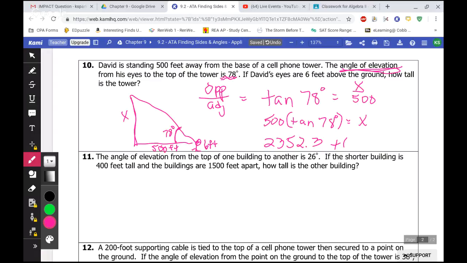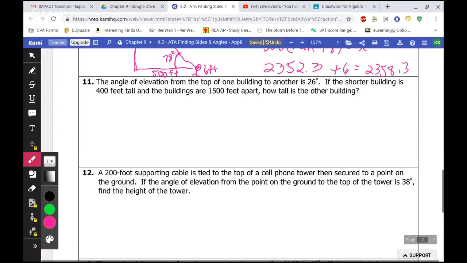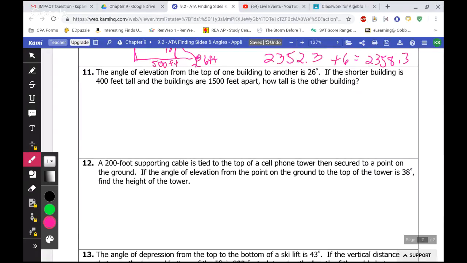So you add 6, and then you get 2,358.3. So there's where the 6 feet comes in. Okay, that makes sense. We got it. I guess I just left it there. And then when I looked at the answer key, I was like, oh.